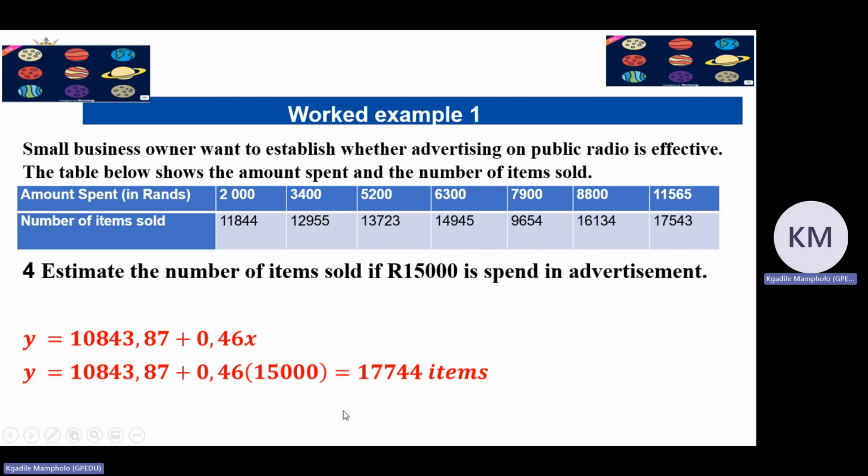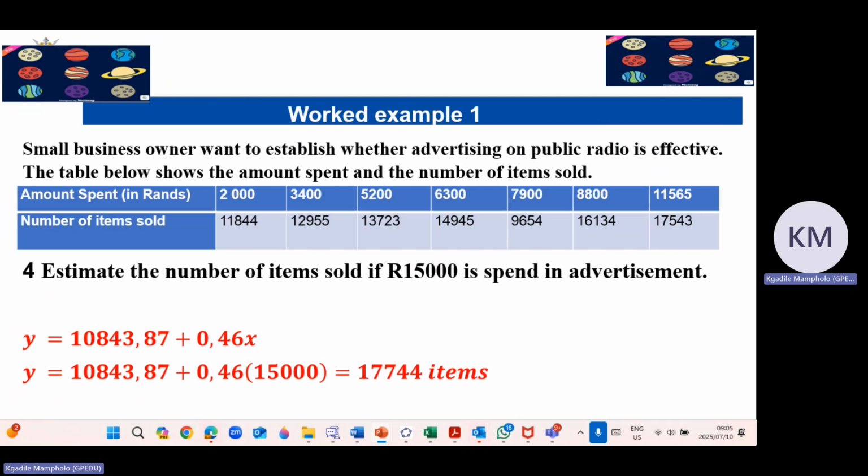So you go to the equation of the least squares regression line and substitute x, because the amount spent is the input, x. So for the estimated number of items sold if 15,000 is spent on advertisement, you substitute on x, and 17,744 items were sold.